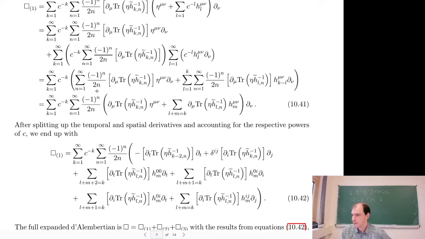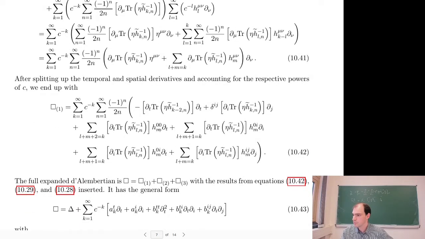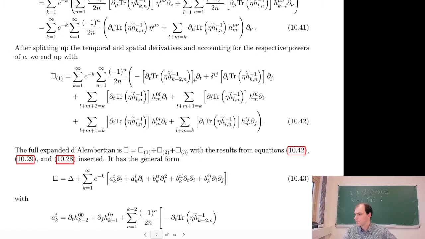We can split it into the time derivatives and the space derivatives. So split it into the component t and the components i, j with indices that run from 1 to 3. And we have the final form of our operator box 1 in this equation 1042.